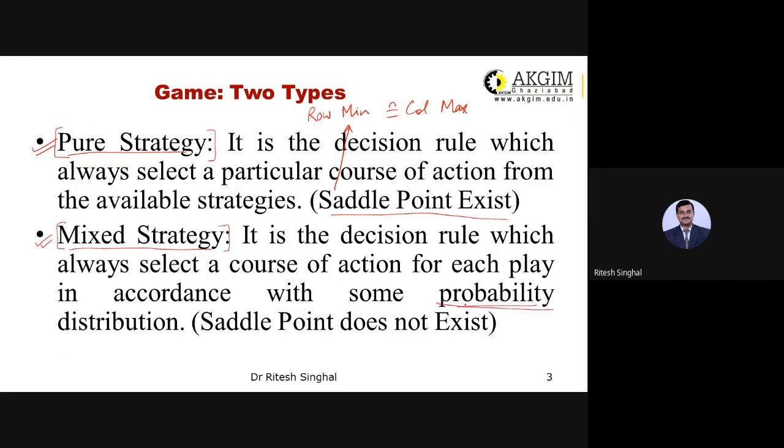So the word probability comes here. Here the result will obviously be there, but with some probability. You can suggest to the players that they should use these strategies with some probability. And a point of identification here is that the saddle point usually does not exist in case of a mixed strategy game.